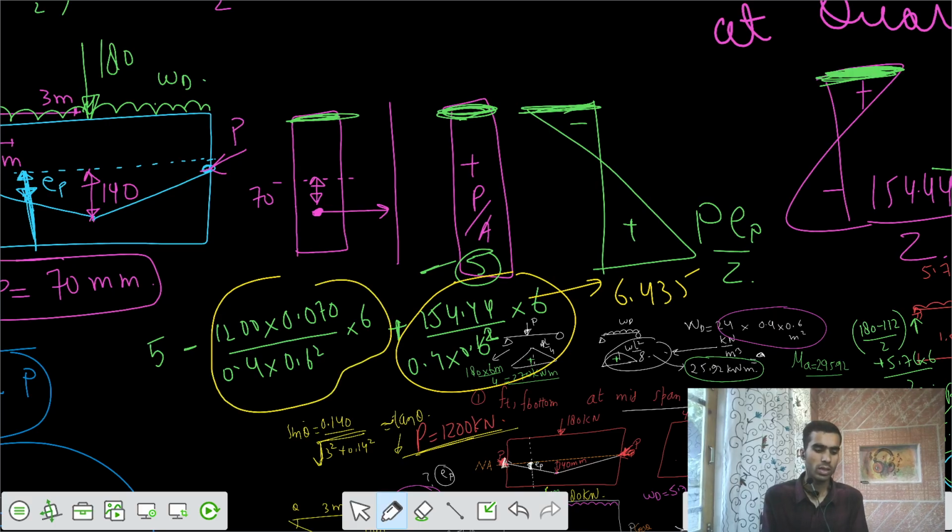That's 1200 into 0.070 into 6 divided by 0.6 square divided by 0.4. That's 3.5 megapascal. So I would say 5 minus 3.5 plus 6.435, that's 7.935. So the net value at the top is 7.935 megapascal.